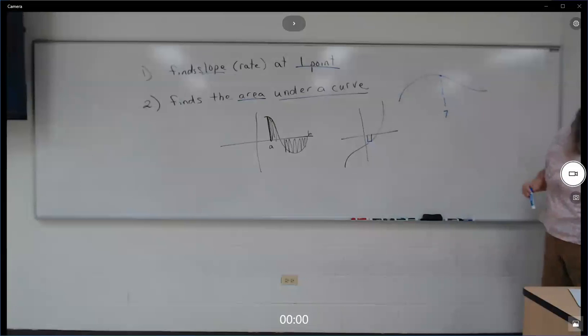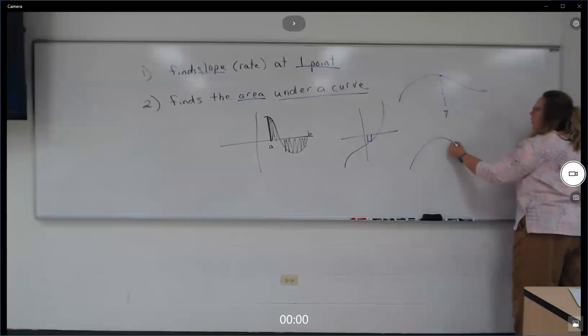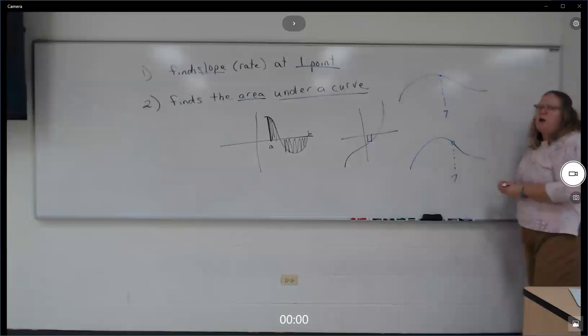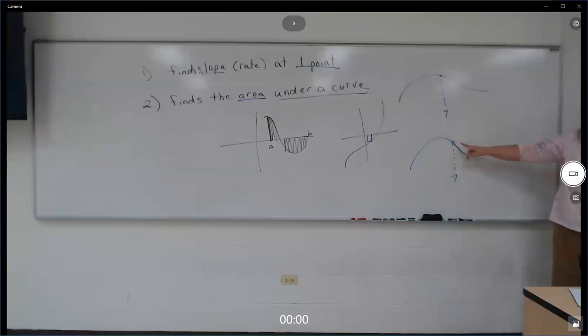The rest of that, or a lot of them, when we go algebraically, there's going to be a hole here at 7. So it's harder to give the y value when there's a hole there. You can't just do the problem because the problem's going to say that there is no y value.